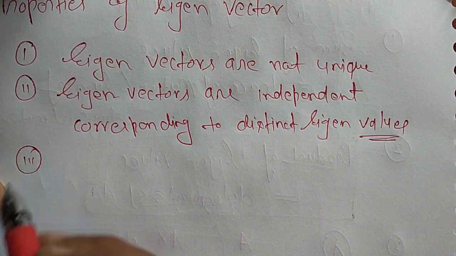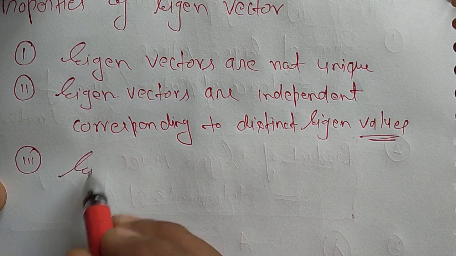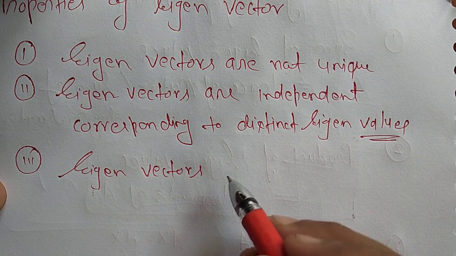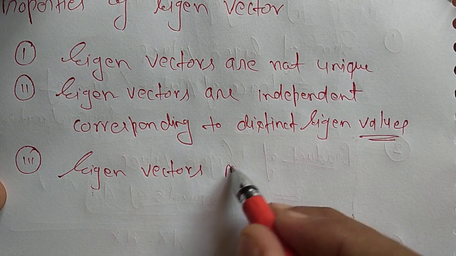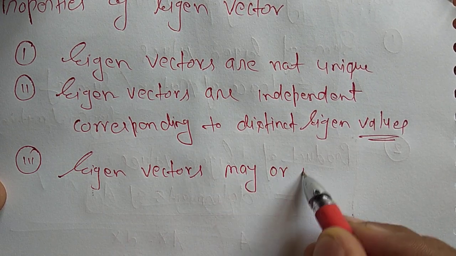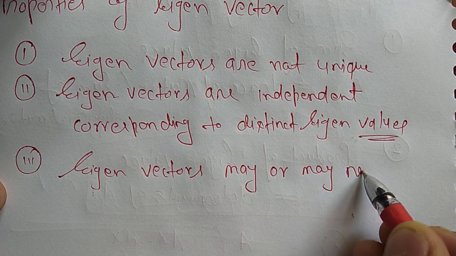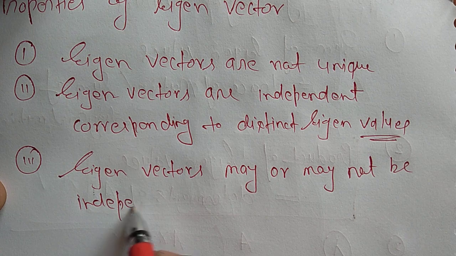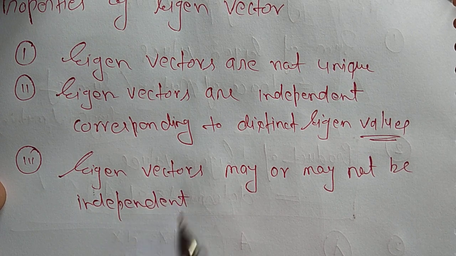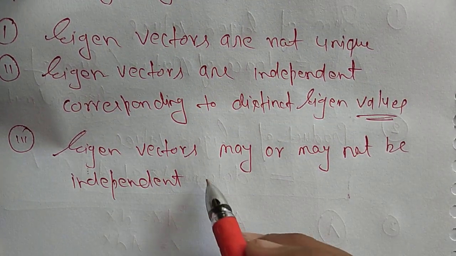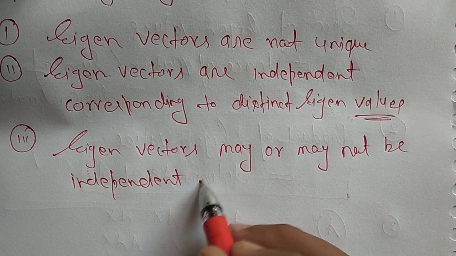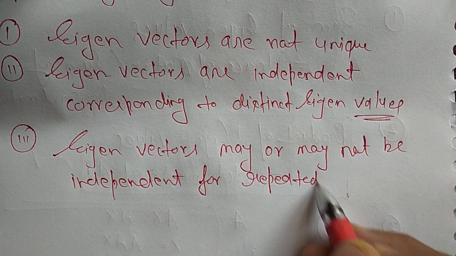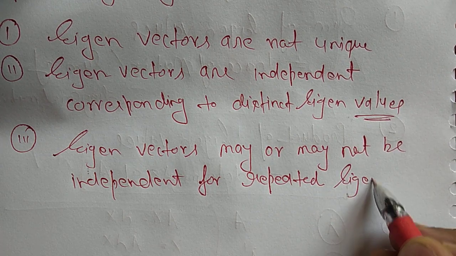The third property: eigenvectors may or may not be independent for repeated eigenvalues.